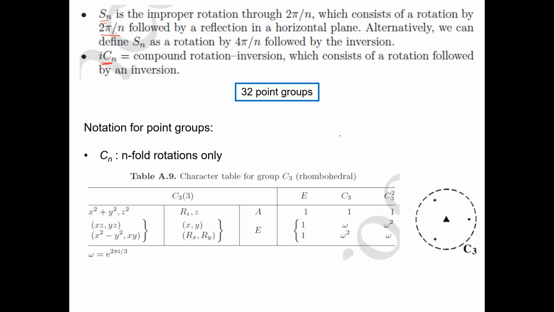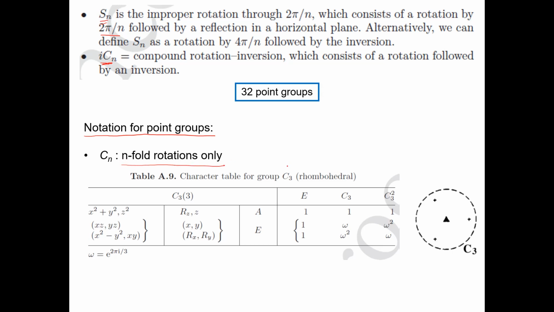Okay, so now I have discussed the notation for symmetry operations. Let me discuss now, in the Schoenflies notation, the notation for the different point groups. For instance, in the group Cn, we have only these 2 pi over n rotations.